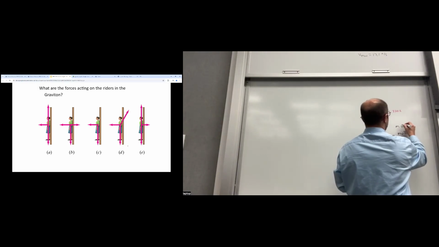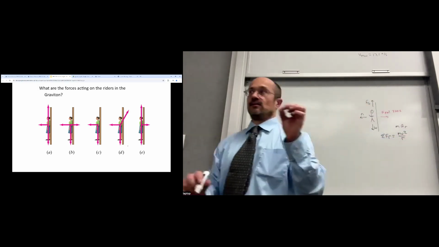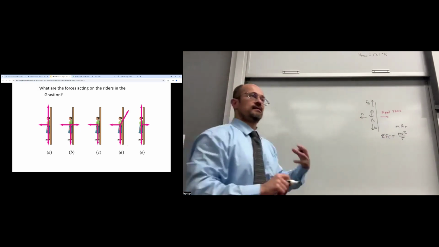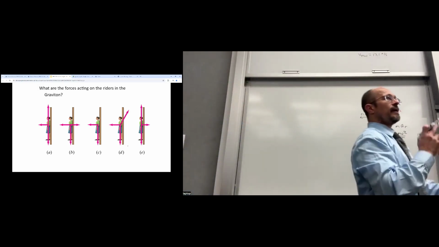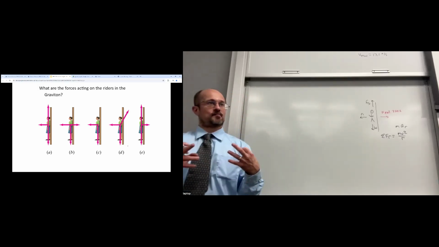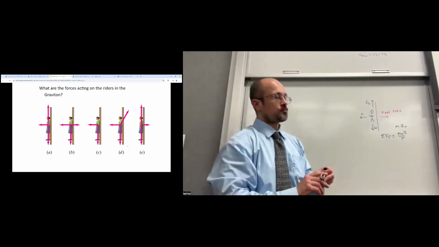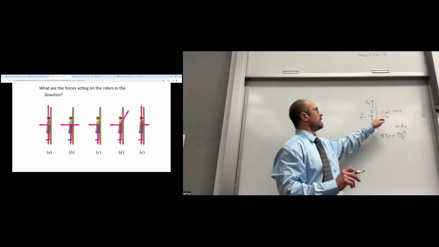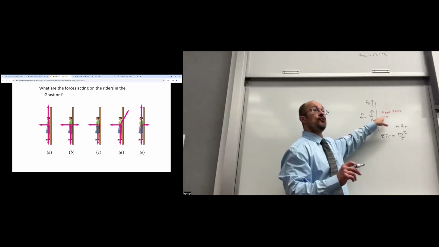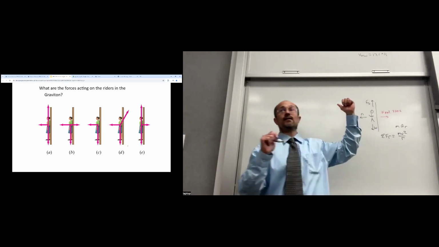This is really m a_r. You're experiencing an acceleration. Whenever you experience an acceleration, how you identify forces gets thrown off. So we have to be careful. Even though you feel this is how you feel the normal force, the normal force really is pushing you inwards.